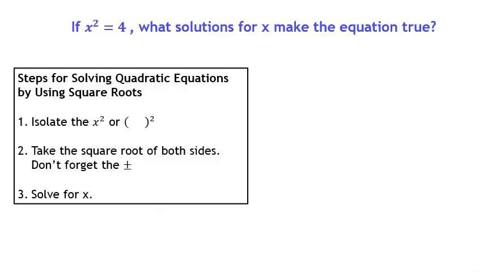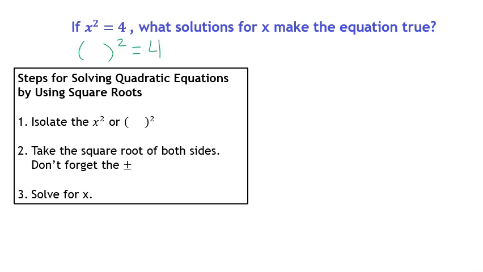One question we can pose is, if x squared is equal to 4, what solutions for x make the equation true? We can think about this a few different ways. We can do guess and check, but what we're mostly going to focus on in the second part of this video is how to solve using square roots, which is what we practiced during Mod 3A. This is basically saying, what number can I square to get 4?